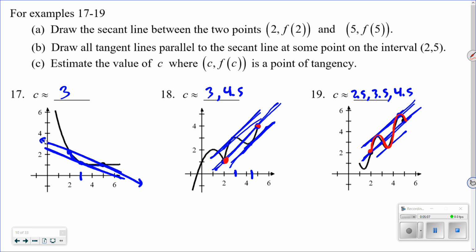So that brings us to the mean value theorem. The mean value theorem is actually pretty simple. It sounds complicated when we explain it algebraically, using a bunch of big words.